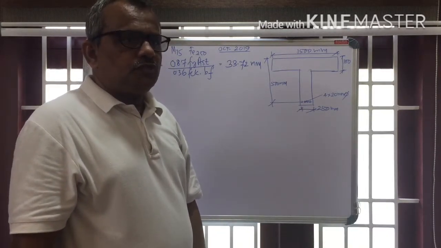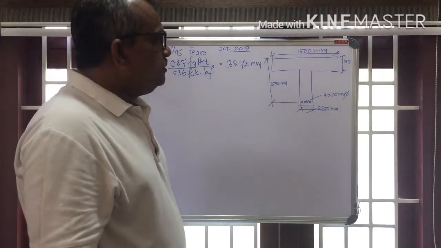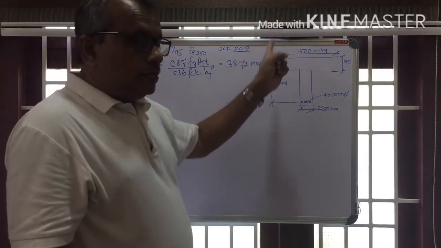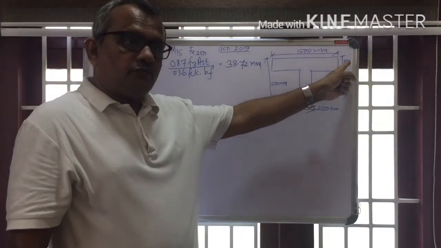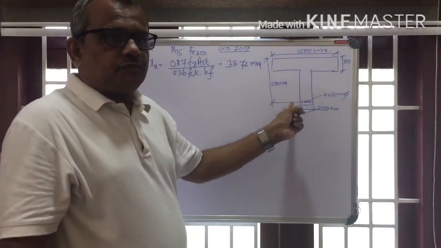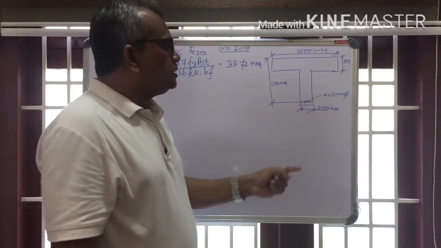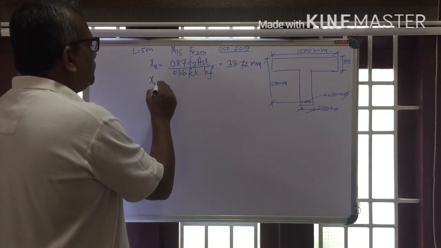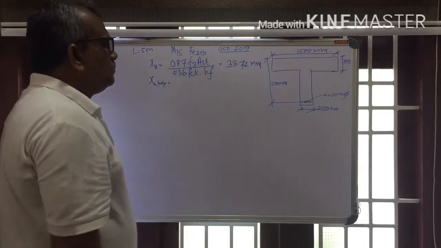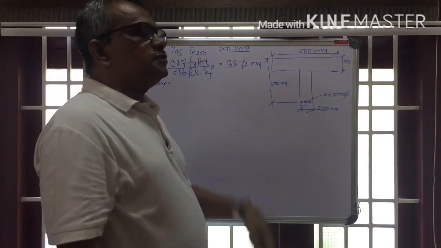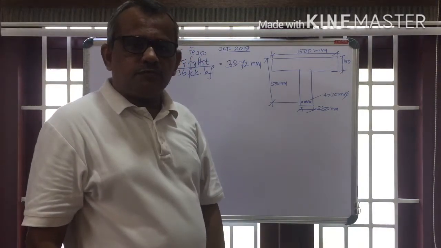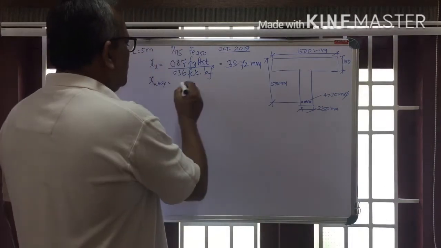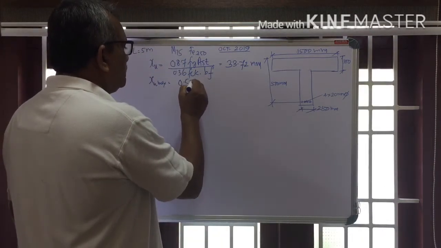Now, to check whether the neutral axis lies in the flange or in the web, we have to check first. For that, find out the critical depth of neutral axis, XU critical or XU max, for this particular grade of steel Fe250. What is the formula from the code? It is 0.53D.